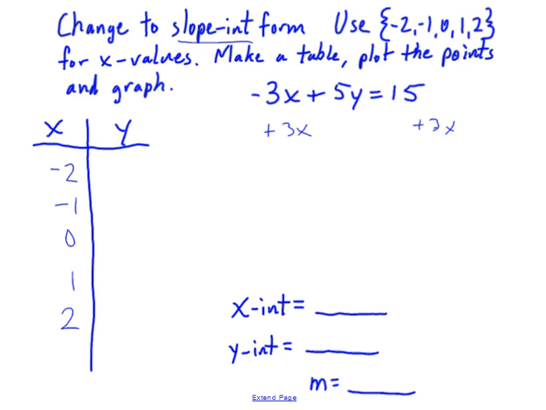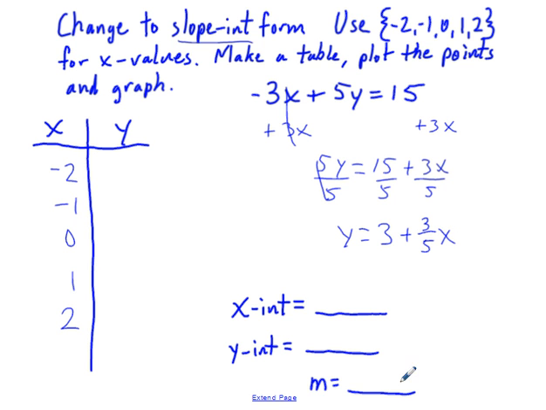So we get 5y equals 15 plus 3x, and dividing by 5, we get y equals 3 plus 3/5 x.